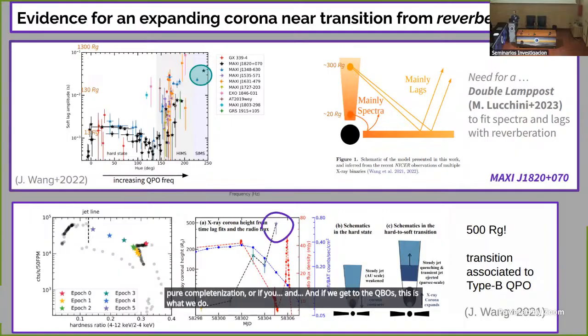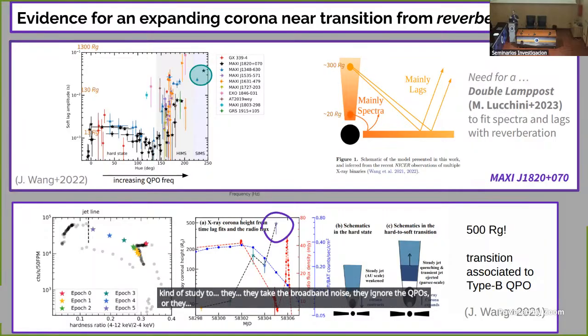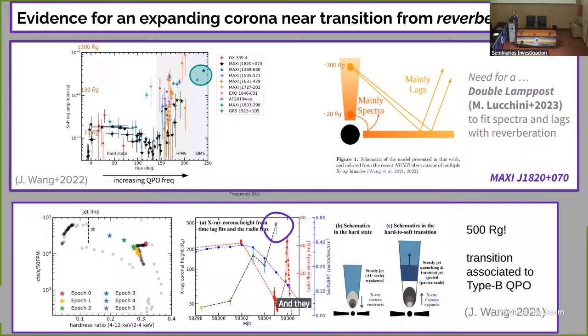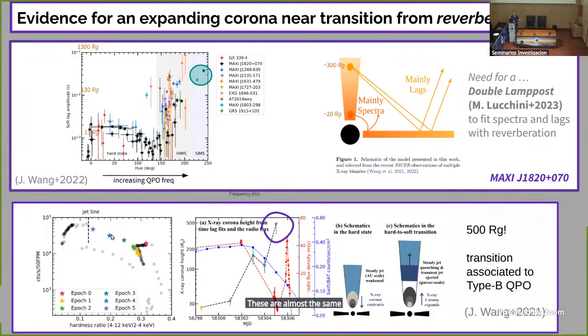Or you go to the broadband noise, which is what this kind of study does. They take the broadband noise, they ignore the QPOs, or they take observations without QPOs, and they measure soft lags in those cases. And for the same part of the outburst, this is essentially the same.